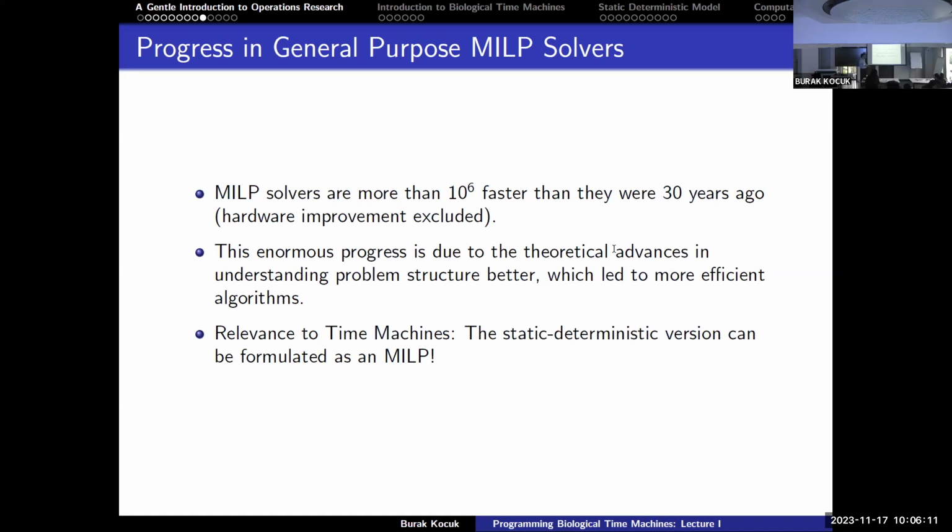But then the people from CPLEX actually left to form Gurobi, which seems to be much better than CPLEX. That happened maybe 10 years ago or so. Because they hired the best people from CPLEX, they were able to do much better things than CPLEX does.